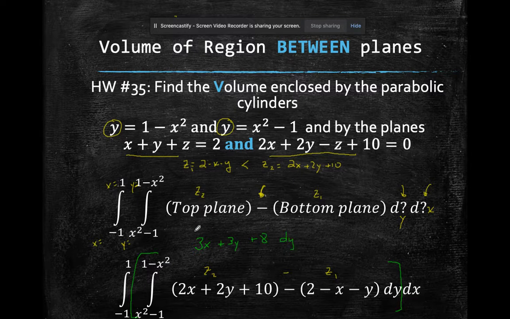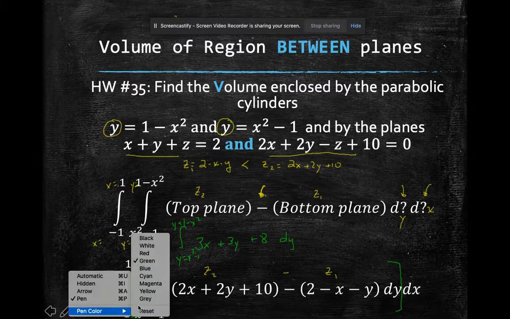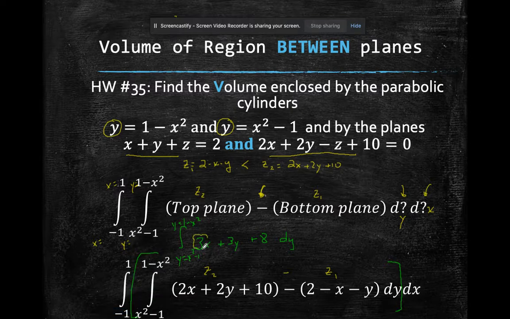And I'm going to integrate that with respect to y and replace then y with x squared minus 1 and 1 minus x squared. So when I integrate that with respect to y, who are your constants? Right?